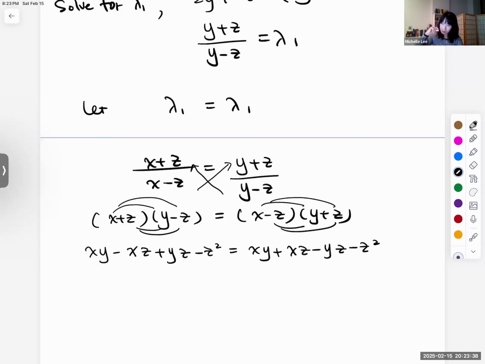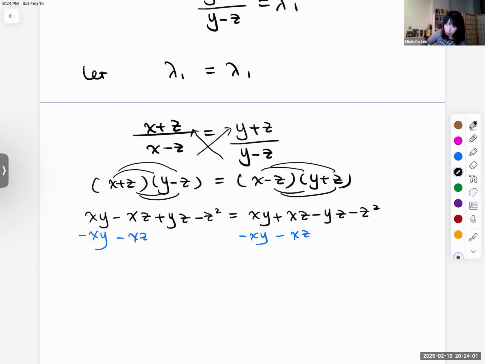Now combining like terms. So xy minus xy is 0, right? And we have negative xz minus xz, which is negative 2xz.